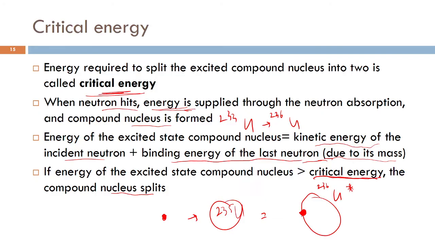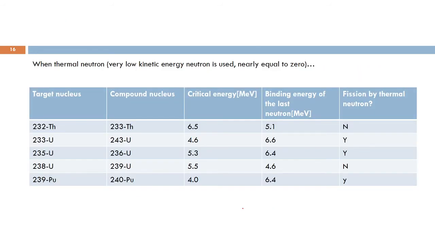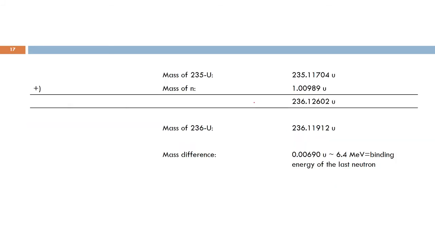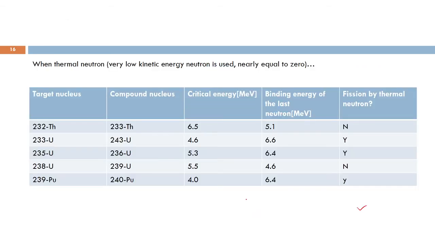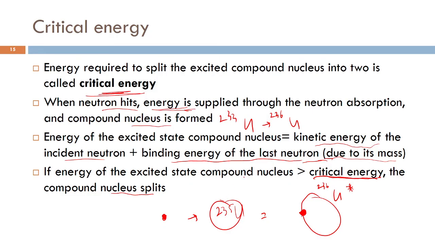Okay, now let's do some calculation. We skip this table first. Let's think about the uranium-235 with thermal neutron.